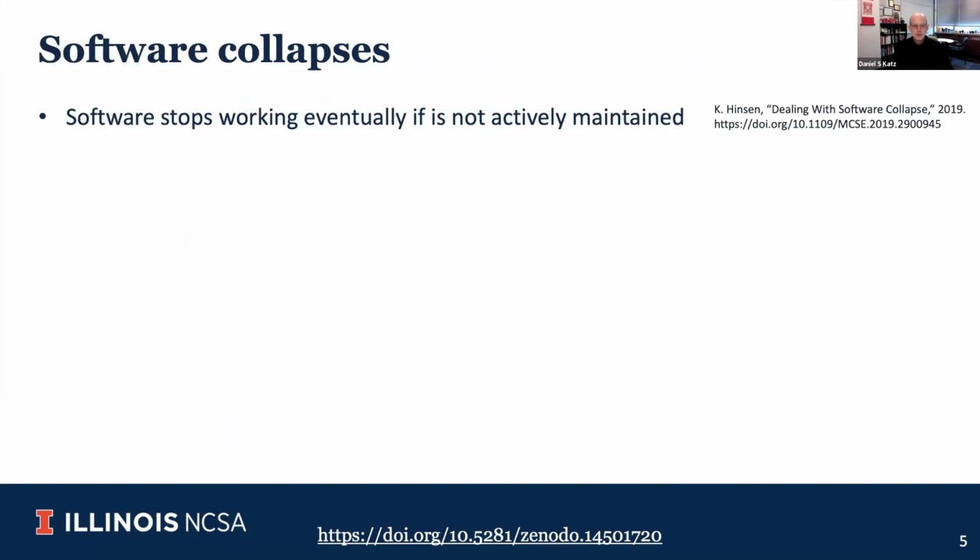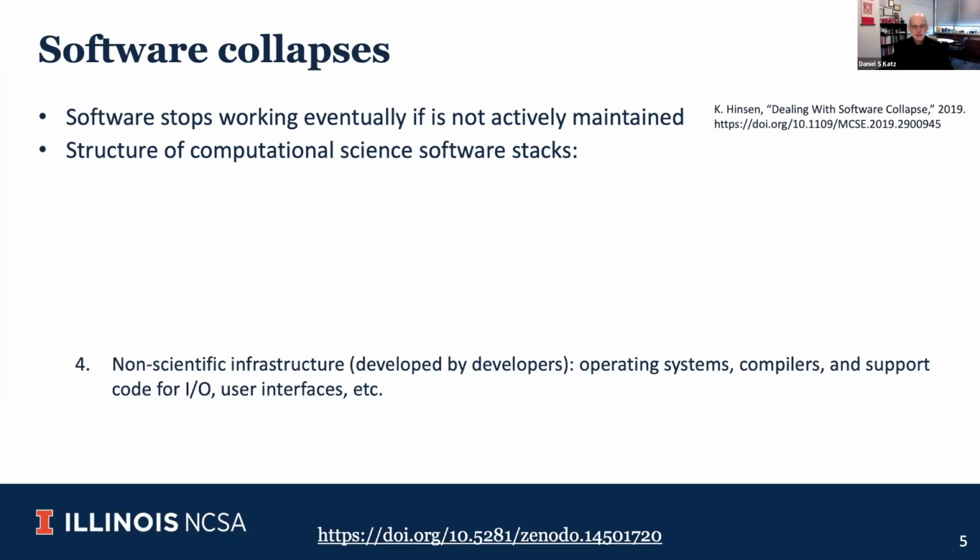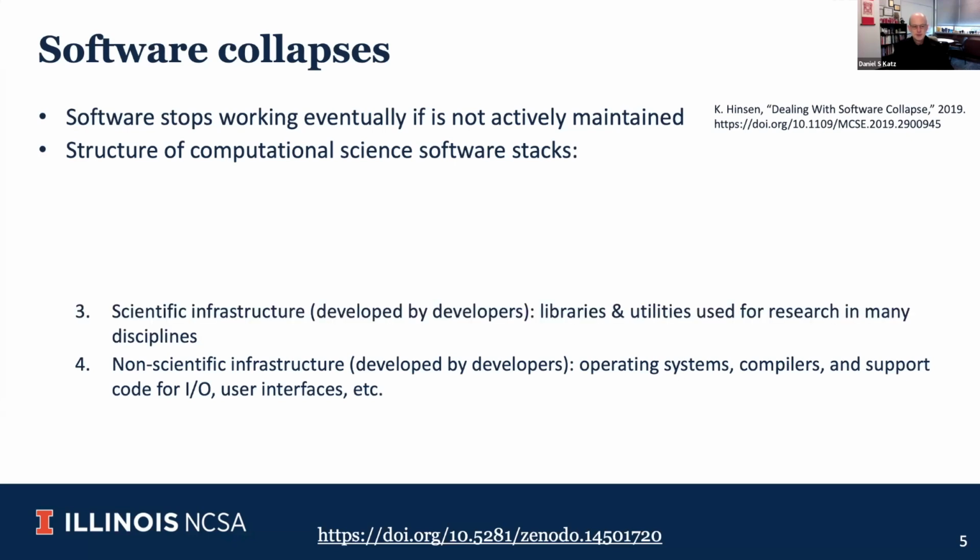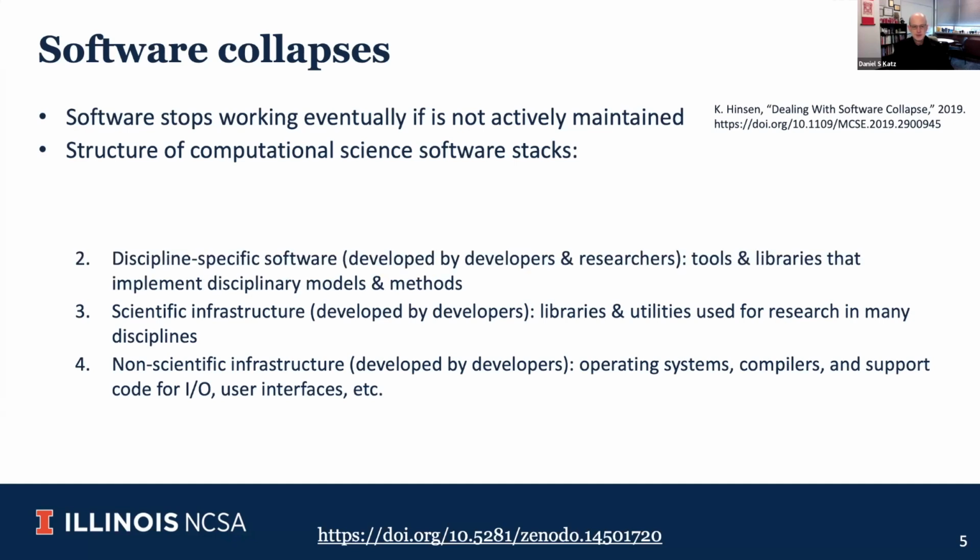So one of the problems that we have, though, is that software collapses. What this really means is that software stops working eventually if it's not actively maintained. And the structure of computational science stacks, as well as really data science stacks, is that on the bottom, there's some non-scientific infrastructure like operating systems and compilers and support code. On top of that is some scientific infrastructure like libraries and utilities that are useful across multiple disciplines. On top of that is typically, or often at least, multiple discipline-specific software, like multiple tools and libraries that implement disciplinary methods and models.